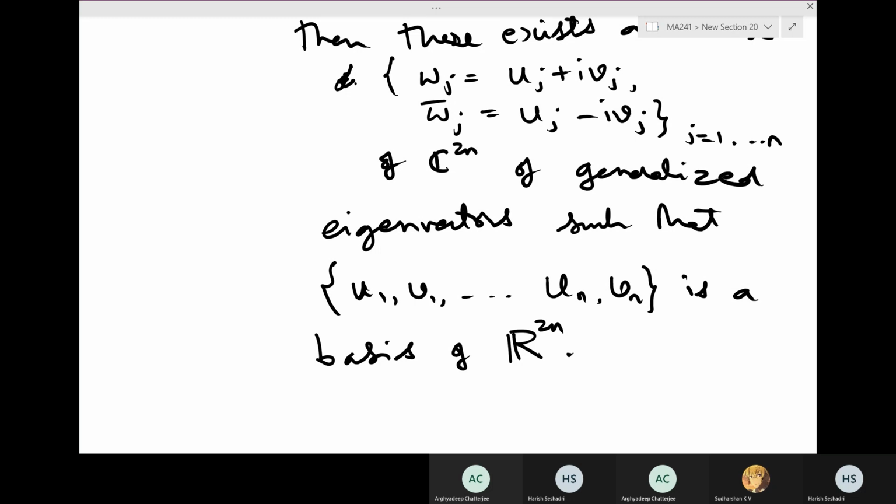It's a very simple-minded argument. Why are these linearly independent, U1, V1, etc.? Wj and Wj bar form a basis for C2n.